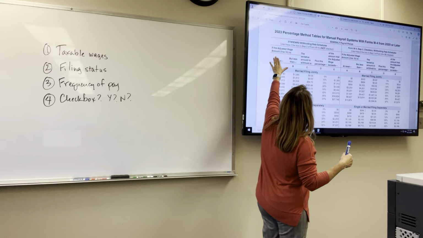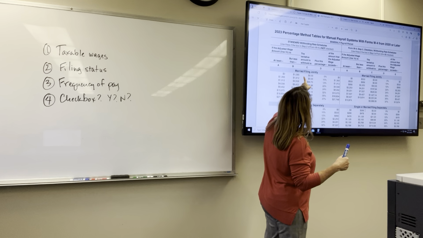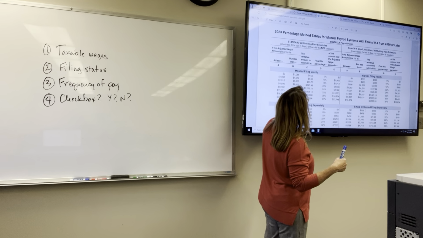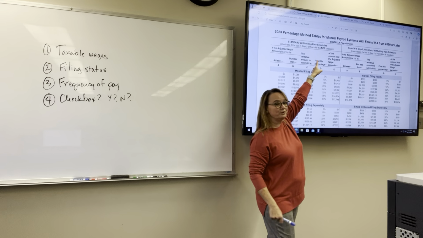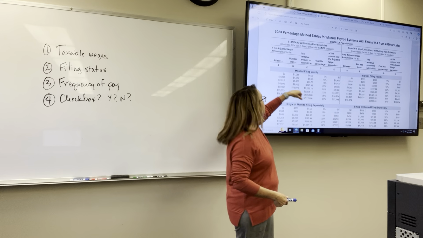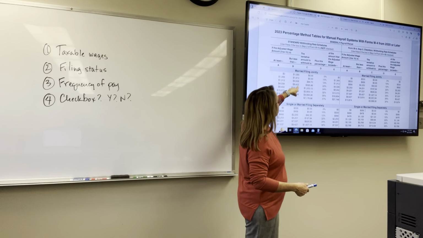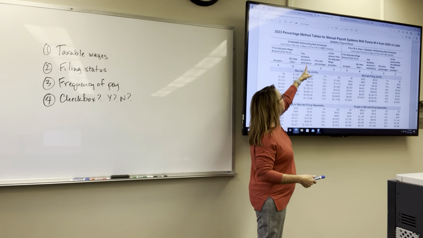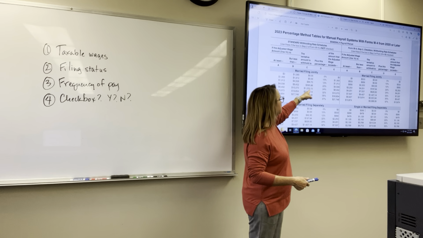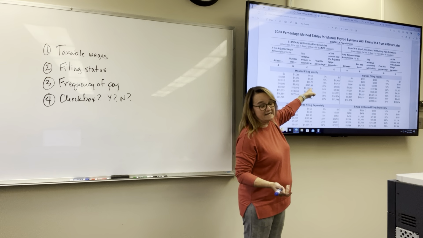If the adjusted wage amount is at least this amount, but less than this amount, the tentative amount to withhold is, and you can see the instructions kind of go up and down on this. So at least down here, less than down here. The tentative amount to withhold is whatever's in this column. And tentative is just that.